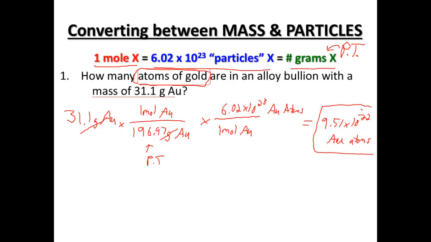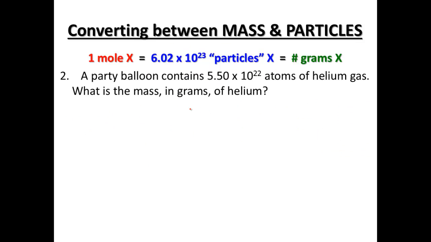So making sure as we look through, moles cancel the moles, numbers on top are multiplied, numbers on bottom are divided. So we've gone from mass to particles, but we first had to stop at the number of moles, our conversion point.